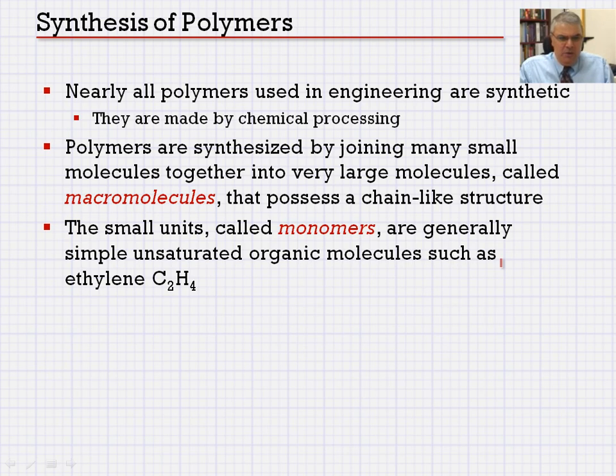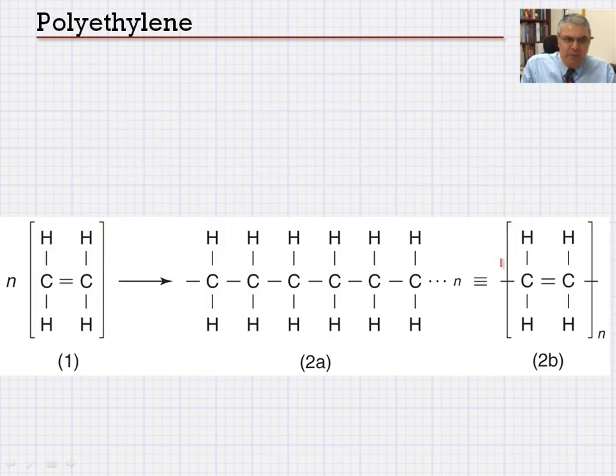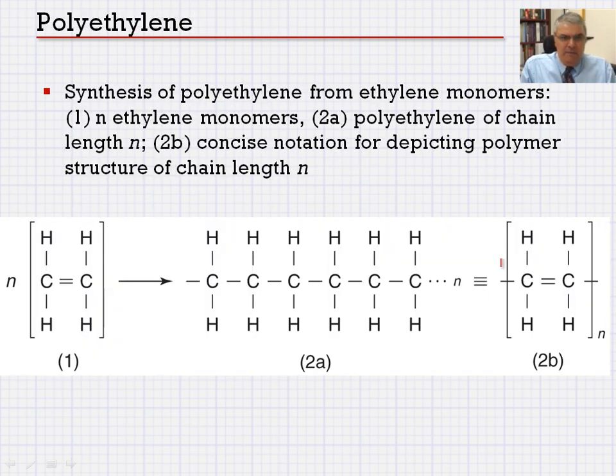The smaller units are called monomers, and they're generally unsaturated organic molecules that consist of carbon and hydrogen. Best case is ethylene, C2H4.